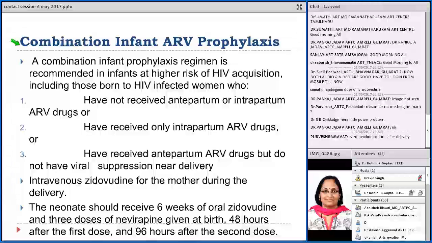These are the 3 mothers who are high risk for giving HIV infection to the baby, and US guidelines say that they should have a combination.